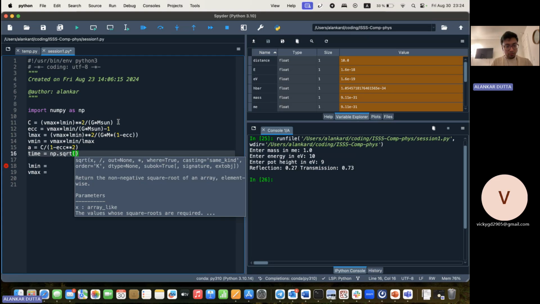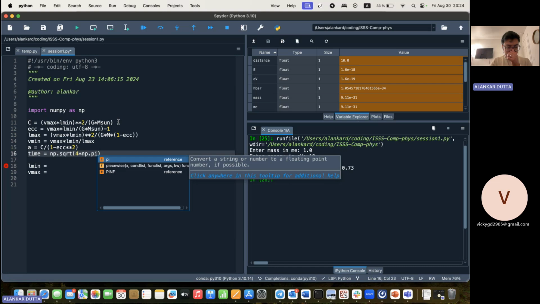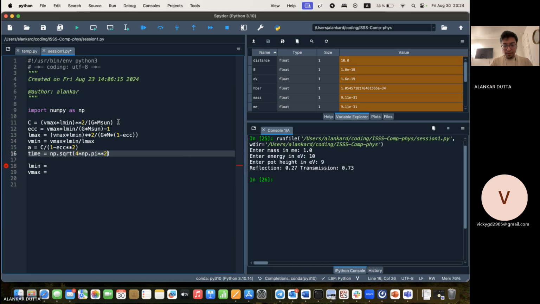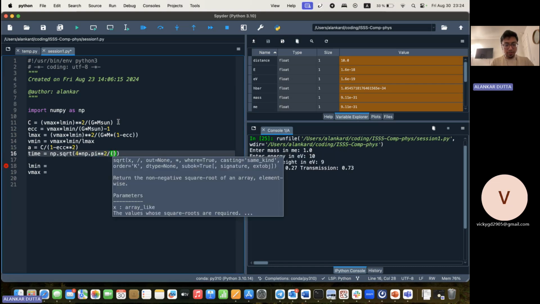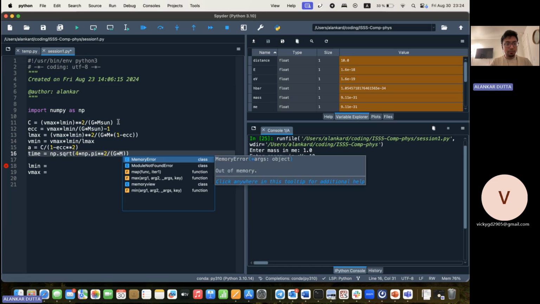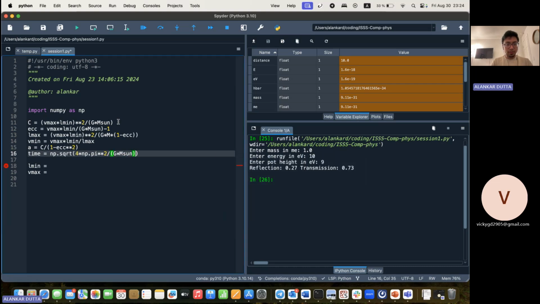So it's 4 times pi square divided by G times M sun, times a cubed. So this gives you the time period.